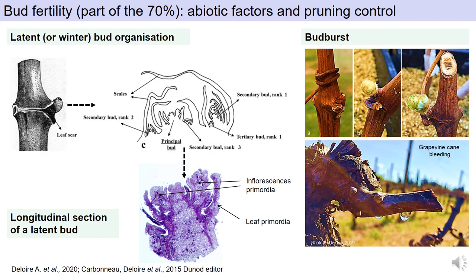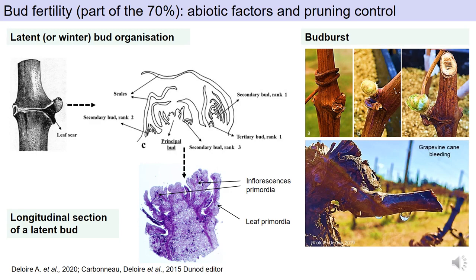And it's interesting to know that, because if something happens to the main bud, for example spring frost, which will destroy the very young primary shoot, or the principal bud under development from bud break onwards, then it's possible that the second bud or the tertiary bud will go under development. Of course, they are less fertile, but still it's better than nothing.